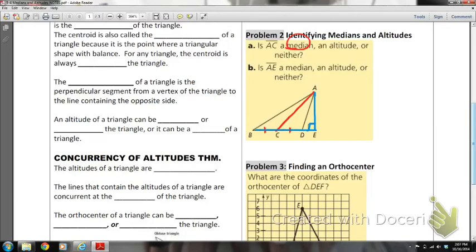So if you extend side BD out so that it will meet AE, then AE is an altitude for that triangle. It's just because it's an obtuse triangle that the altitude is on the outside of the triangle. So let's move on to problem 3.